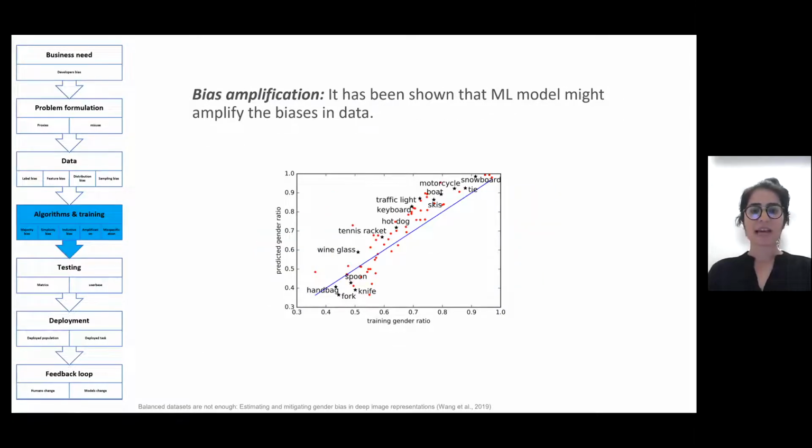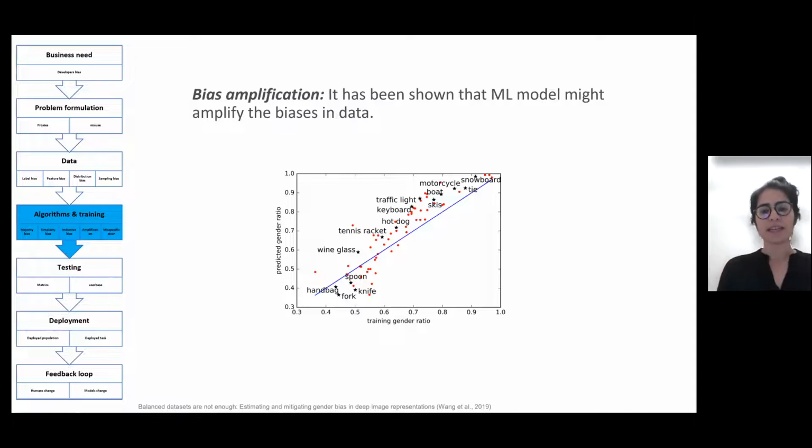Okay, let's now talk about bias amplification. You probably all have heard that the data is biased, so of course this bias would show up in the model. But surprisingly, people have shown that even if you have some bias in the data, it might be over-amplified by your model.